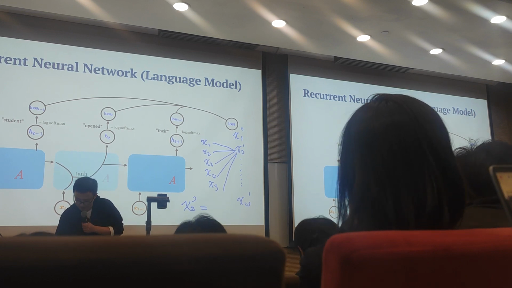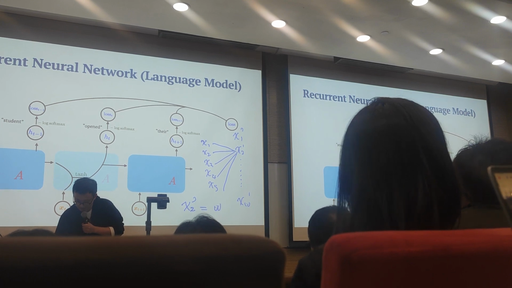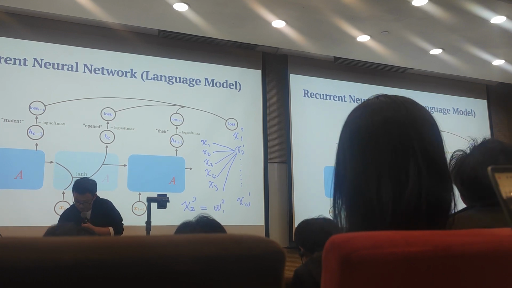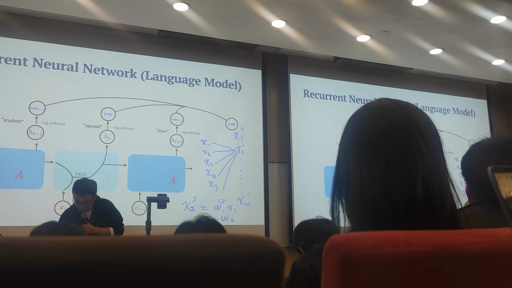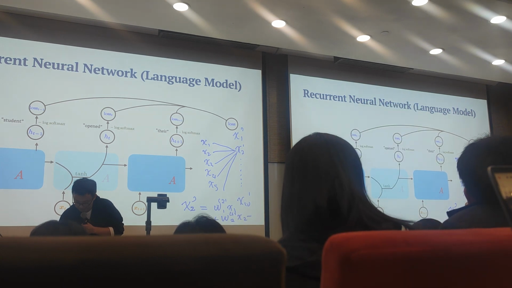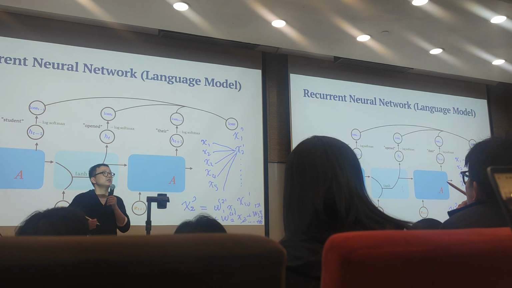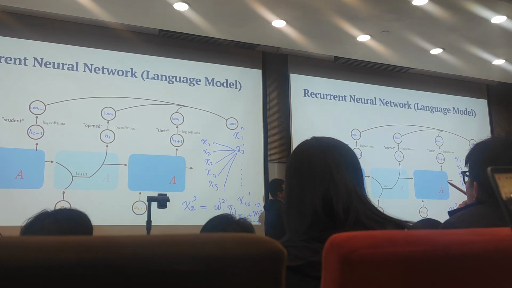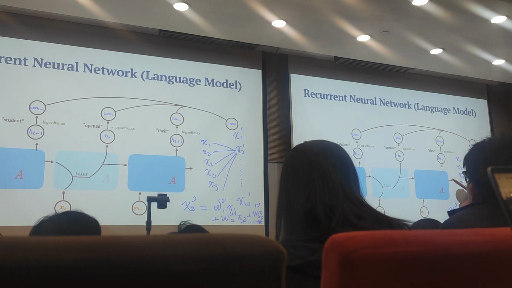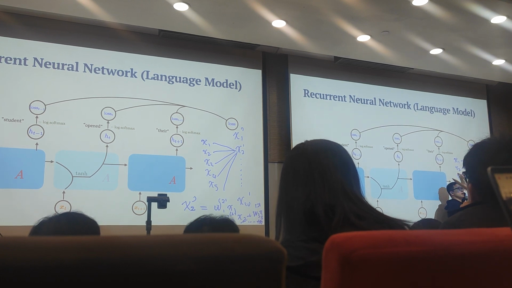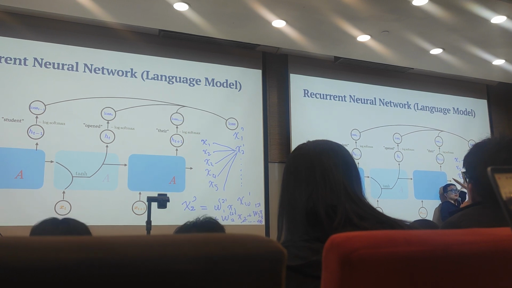So you can have x2 prime equal to some weight times this one, plus another weight times that one, plus 3 x3, and so on, plus a bias b2. We don't have enough space for that. But each of these numbers is a weighted combination of the left-hand side numbers, so that it considers every single dimension in your first vector when transforming into another vector.